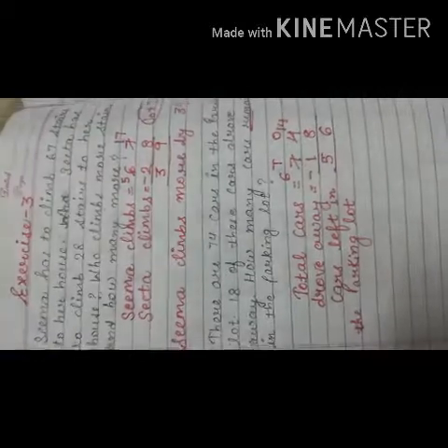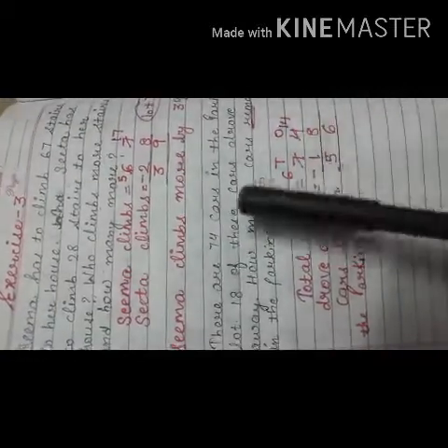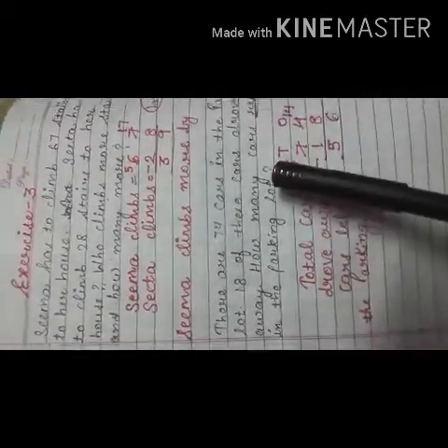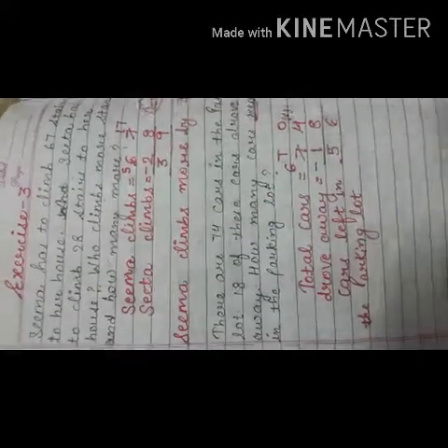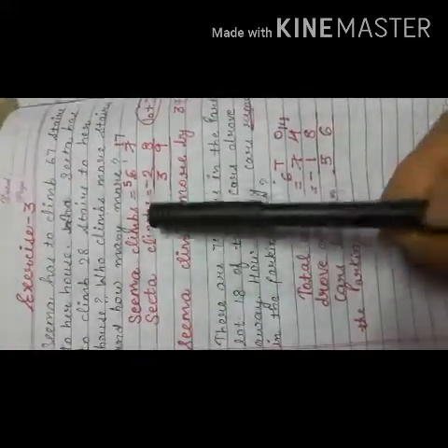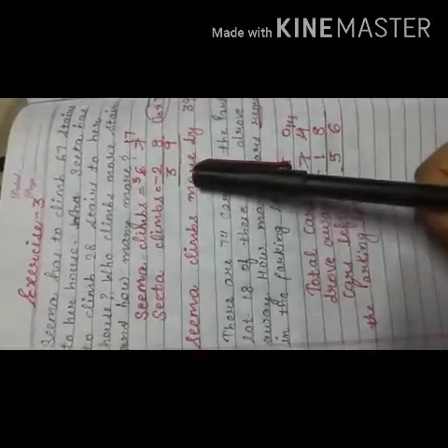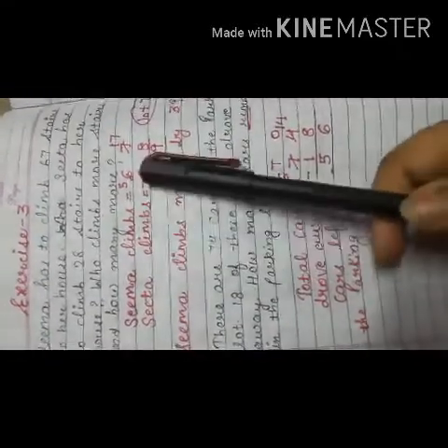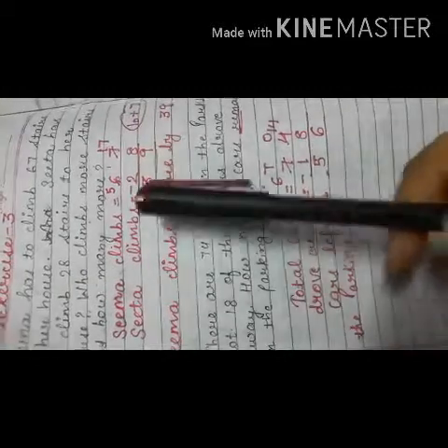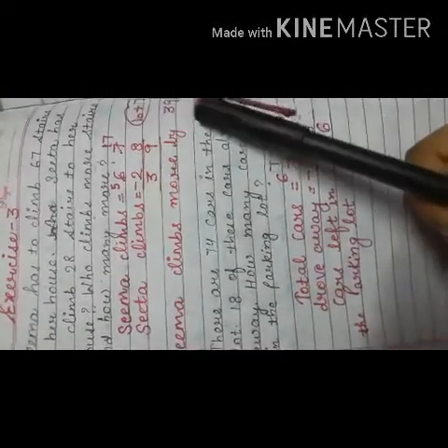Now you can see that we have discussed and solved both of these questions. In the first question, we had 2 questions: who climbs more? Seema climbs more. Plus how many more? She climbs more by 39.